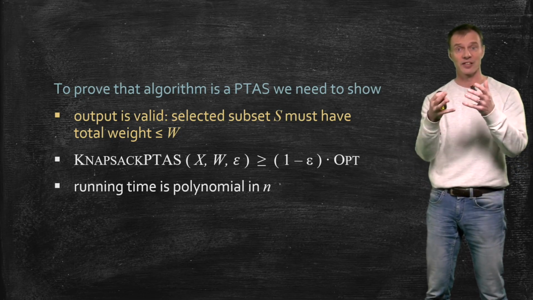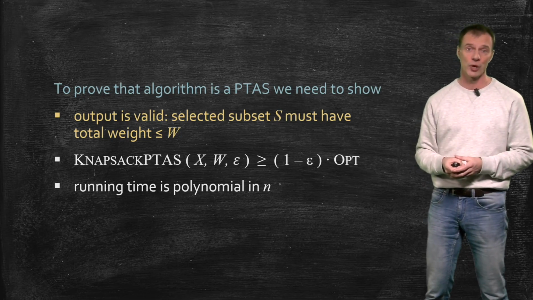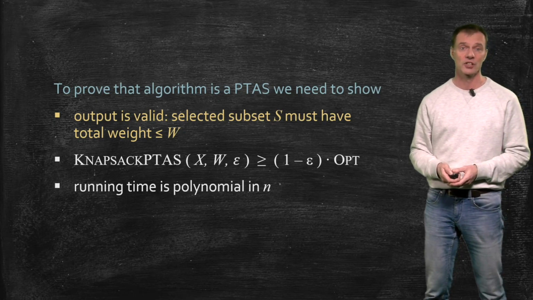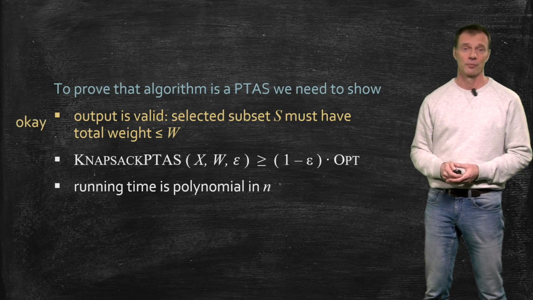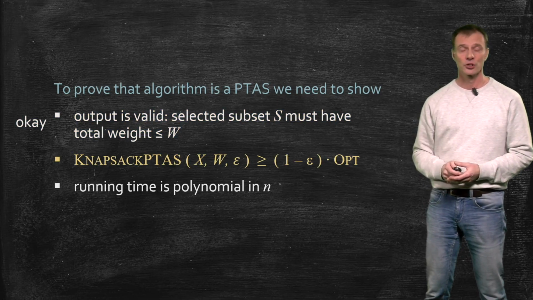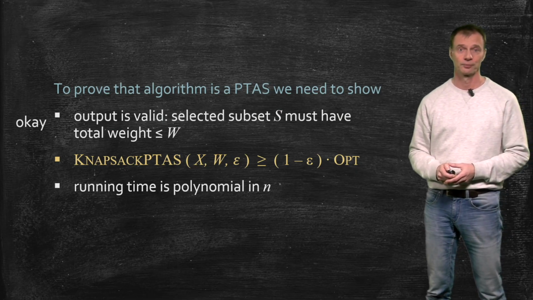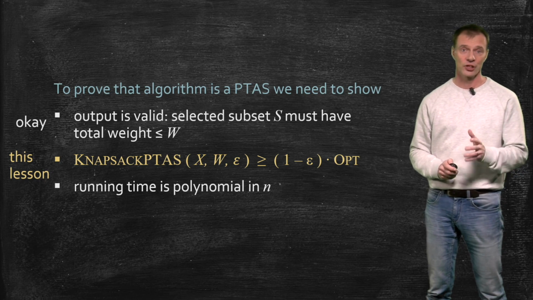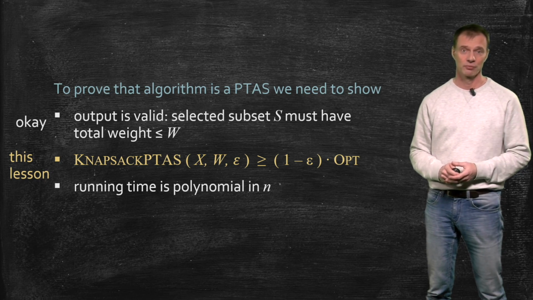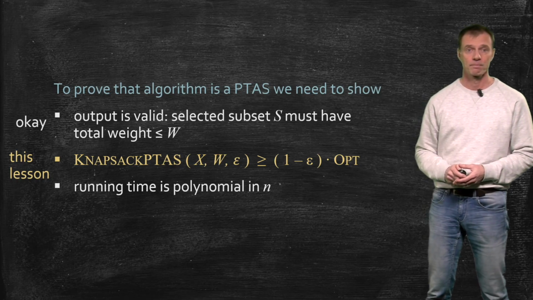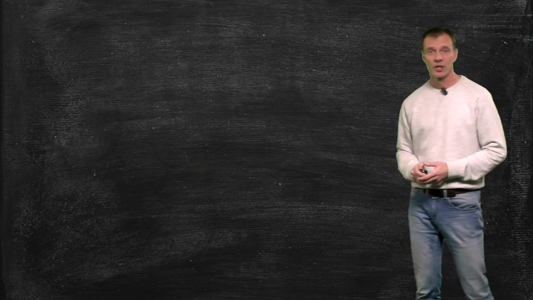So what we get is something that satisfies the weight condition. So indeed, the subset that we select has weight at most W. So this is okay. So now let's look at the second condition on the approximation ratio. So that's what we're going to do in this lesson. And then in the next one, we're going to look at the running time. Okay, so let's have a look.